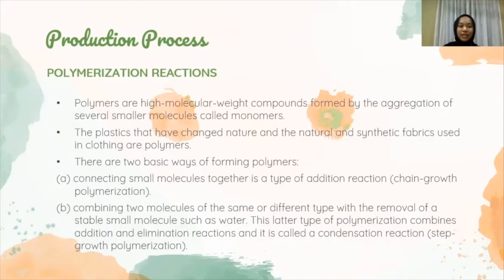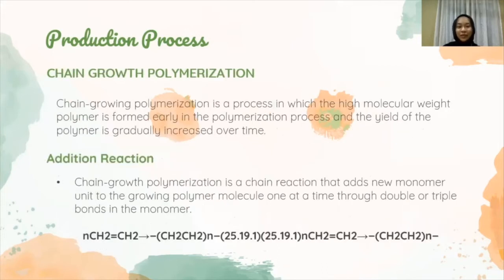And the second one is combining two molecules of the same or different type with the removal of a stable small molecule such as water. This latter type of polymerization combines addition and elimination reactions and it is called a condensation reaction or step growth polymerization.